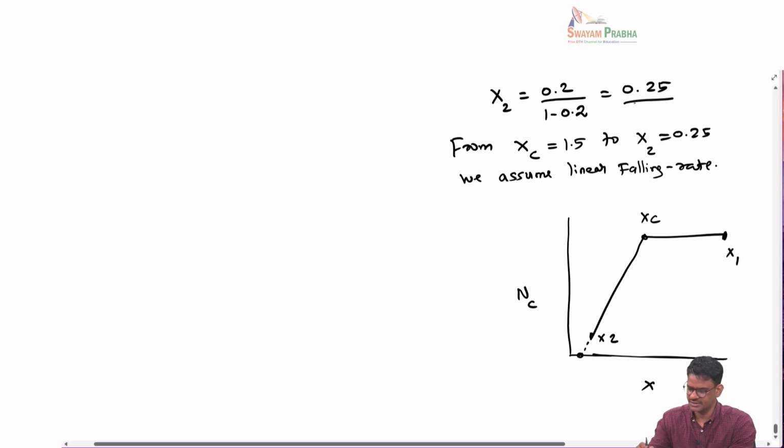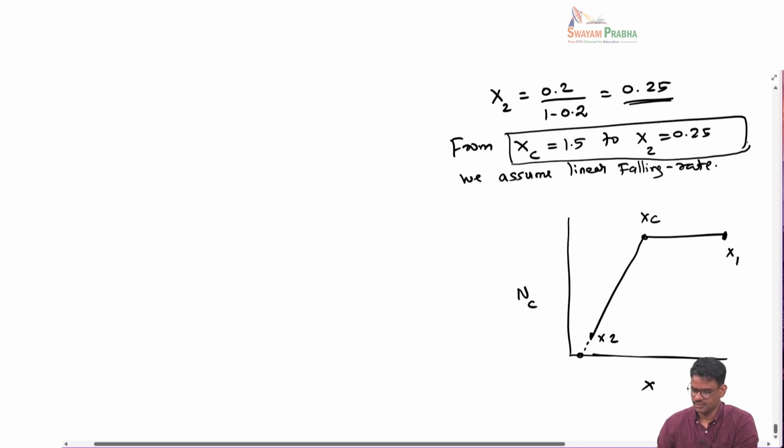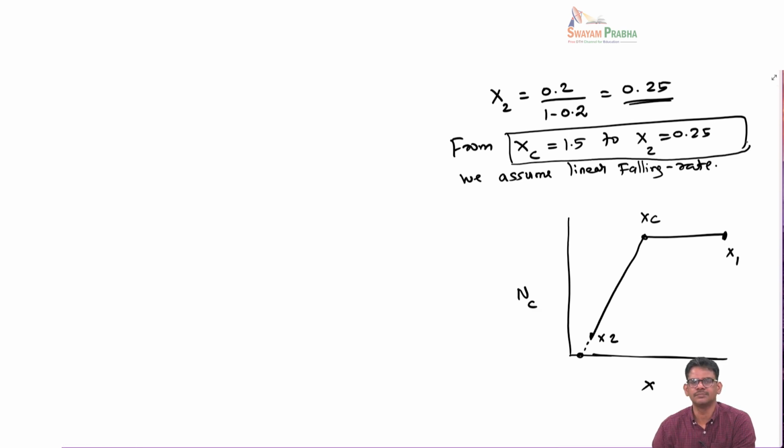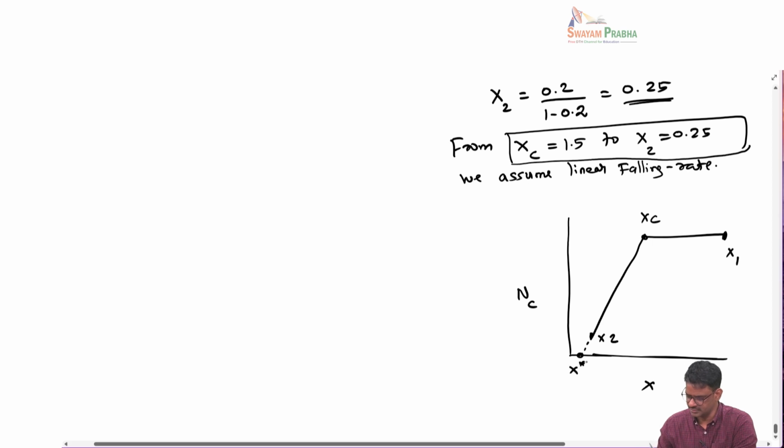In terms of dry basis, it's only 0.25. So now for this range, we will use the assumption that it is linearly falling from XC all the way to X star, but the actual moisture content that we want is from XC to X2 only.